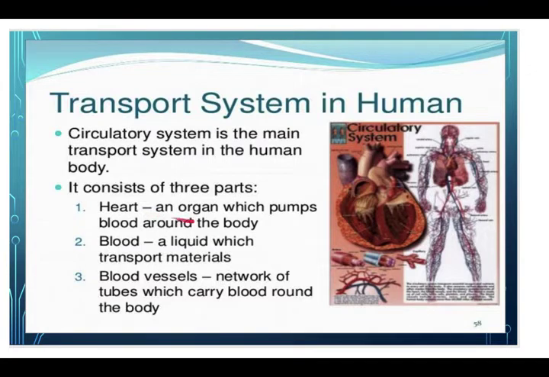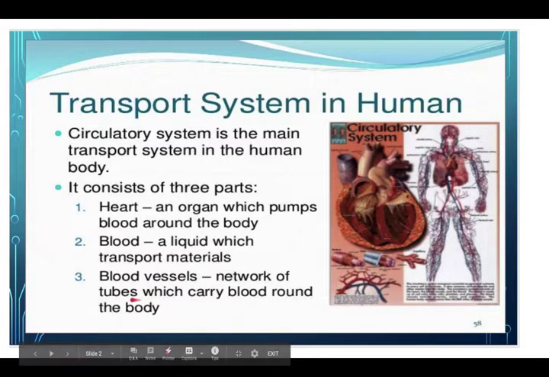The heart is an organ which pumps blood around the body. Blood is the important component of the circulatory system, which is a liquid connective tissue that helps in the transportation of materials. And side by side there is a network of blood vessels, which are tube-like structures that carry the blood all around the body.